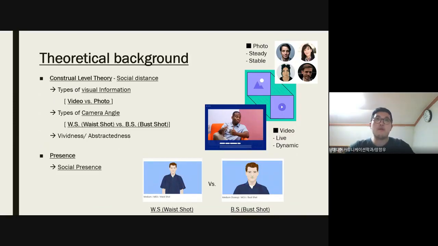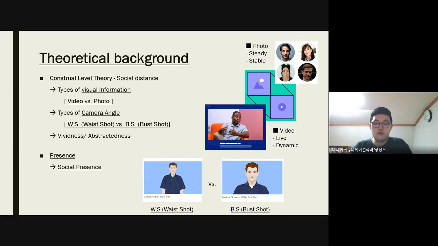Now, theoretical background. By looking at the previous studies, this conceptual research first focused on whether the lecturer's visual information is presented in video or photo. Then, depending on whether the camera angle is photographed with waist shot or bust shot, the change in vividness and abstractness of the lecturer's nonverbal communication factor is measured.